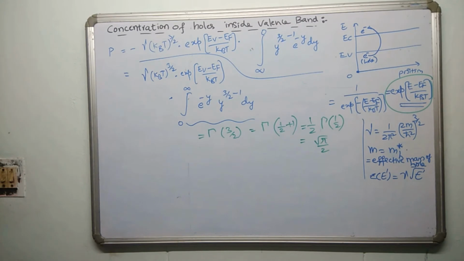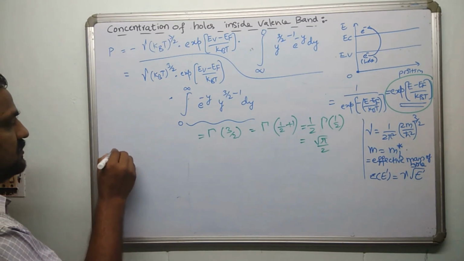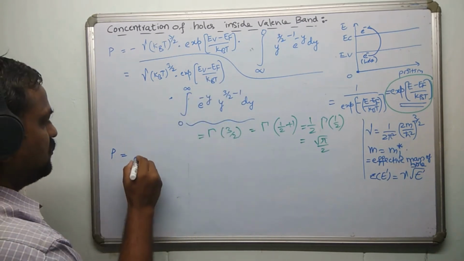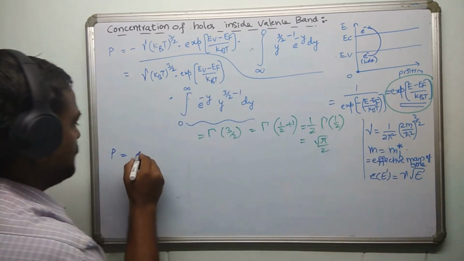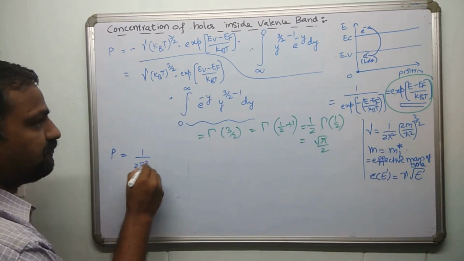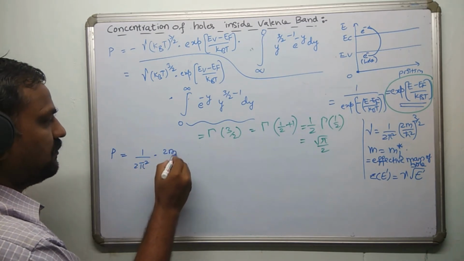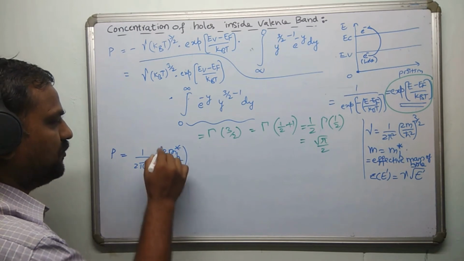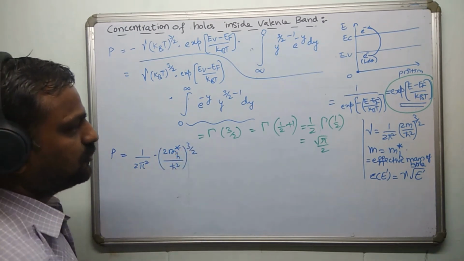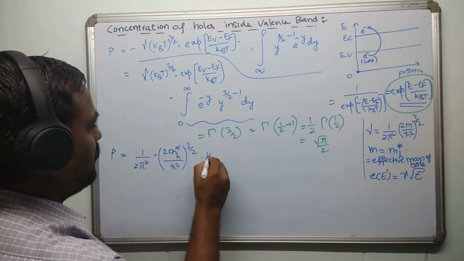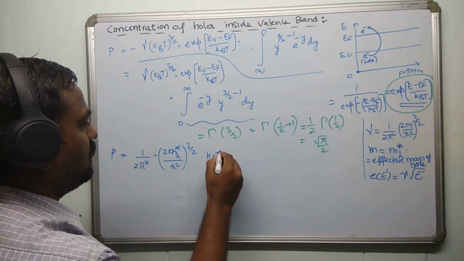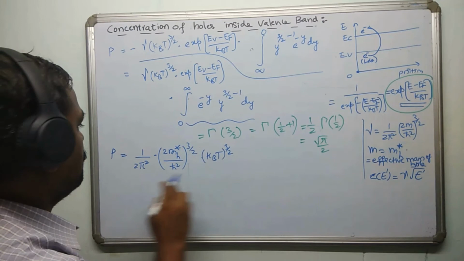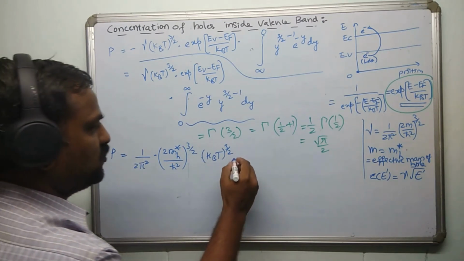So finally, after substituting all, we get p is equal to, this is root pi by 2, the remaining thing is constant. So let me write it here, it is available readily: 2 pi square into 2 m h star, which is whole, divided by h cross square whole power 3 by 2, into kBT power 3 by 2, and only one constant, which is root pi by 2.